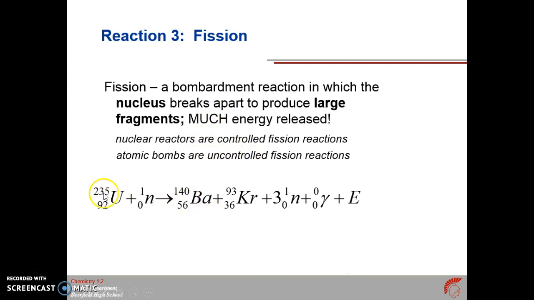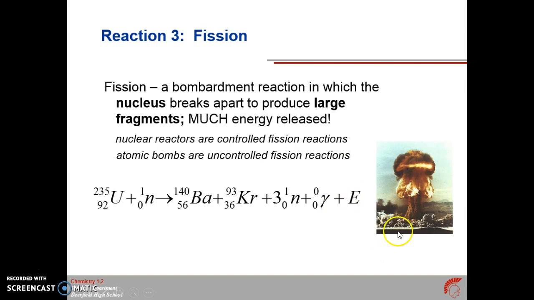In addition, look what's happened to the nucleus. We've blown it apart into bigger chunks. So that's fission. You don't just get one tiny particle out, you blow it into smithereens. Getting more neutrons, getting some gamma rays, getting a whole lot of energy coming out.